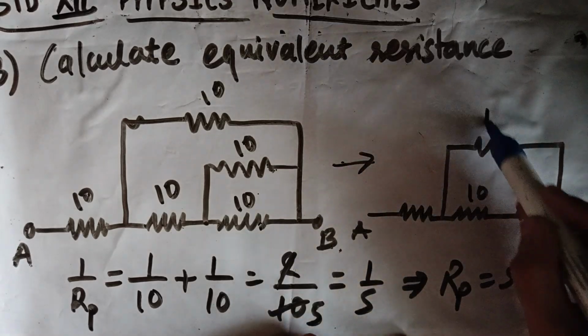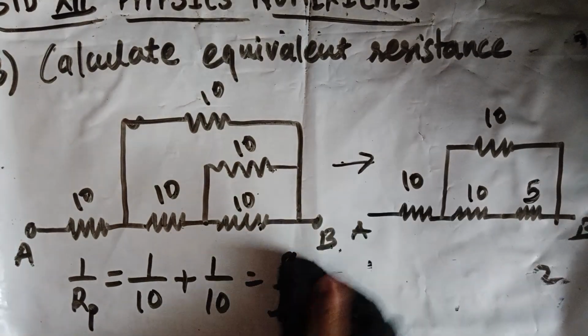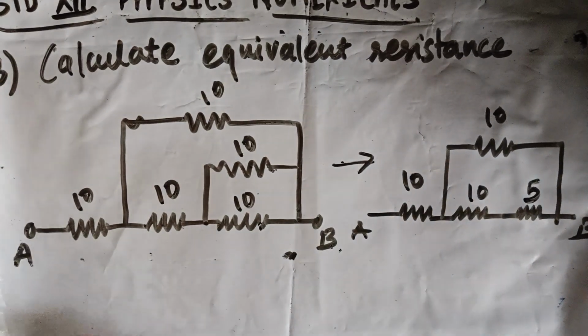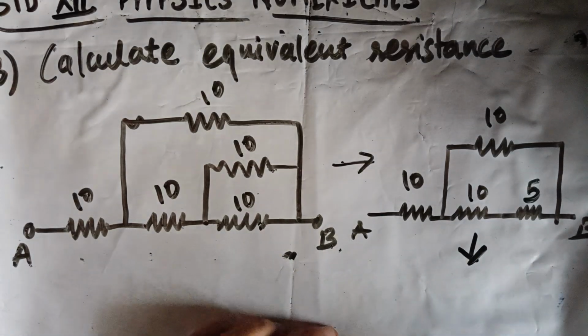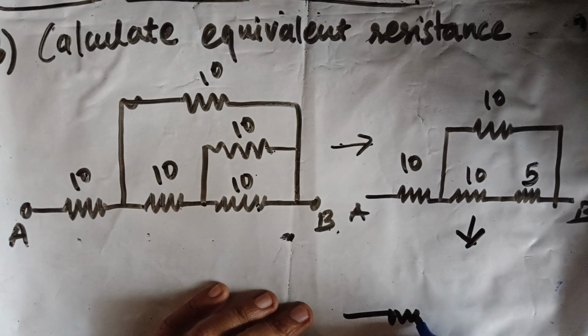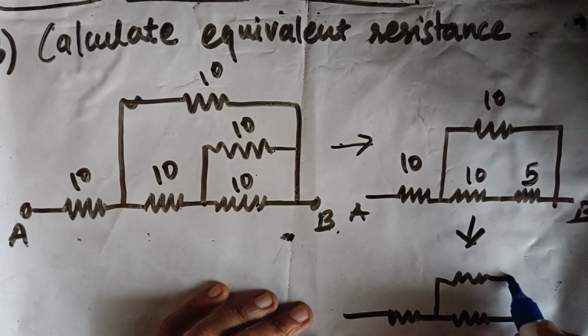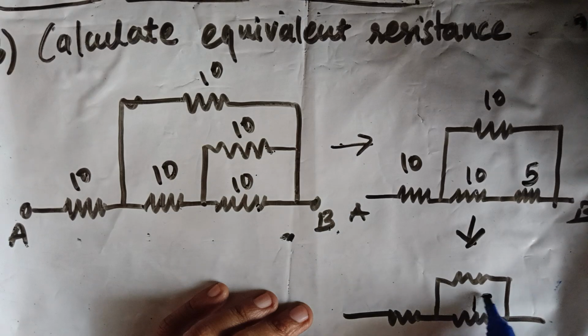This is 10, this is 10 and this is 10. Next, now these 2 are in series. Series means you have to simply add them. So this becomes 15.